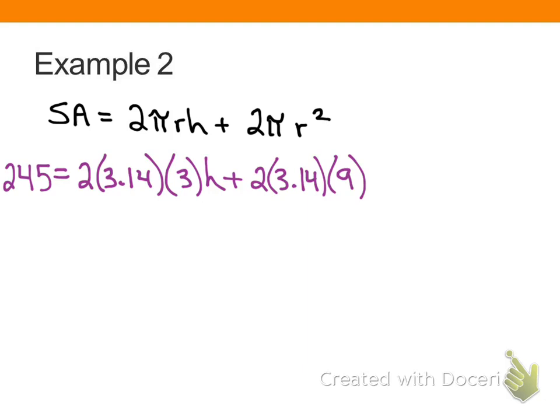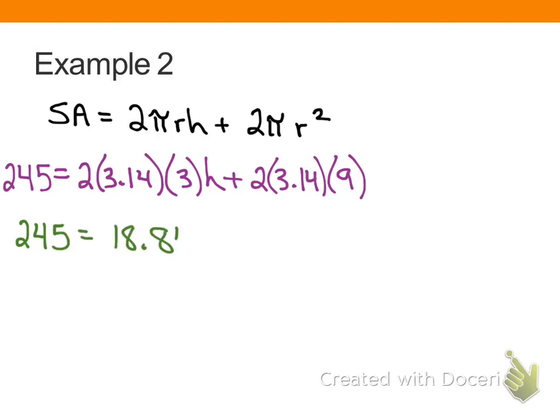Now I'm going to multiply the groups just like I did in the first one. In the first group, is there anything I can simplify that I can multiply to get together? Yeah, there is. I can do 2 times 3.14 times 3 to get what? 18.84. Very good.